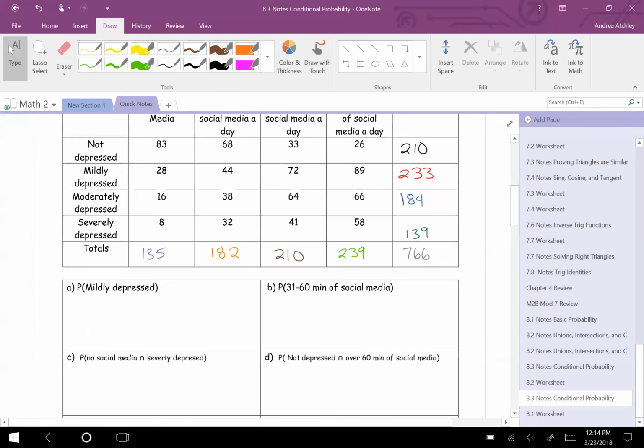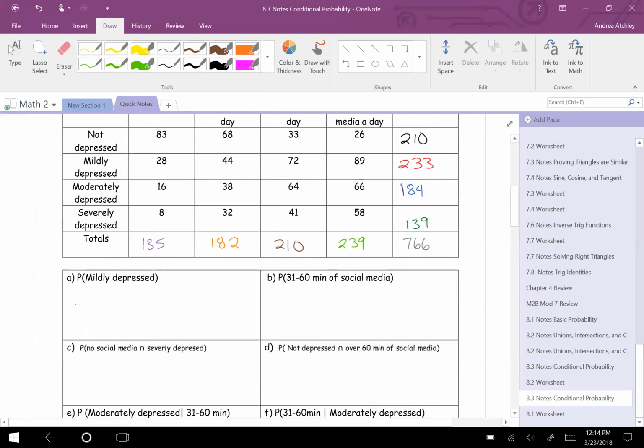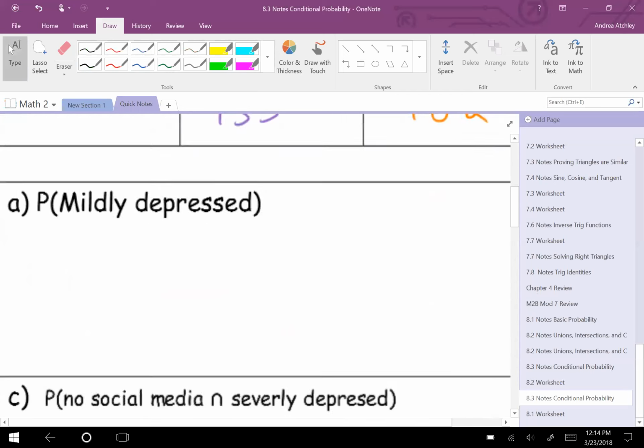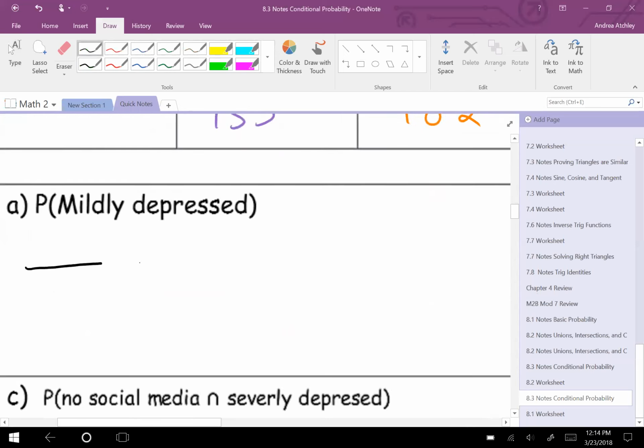So the first one, the probability of mildly depressed, it's out of everybody. It doesn't limit it to anybody. It's out of everyone we talk to. We surveyed all these people. What are the chances we're going to pull somebody who's mildly depressed?